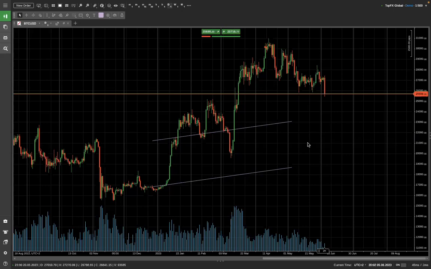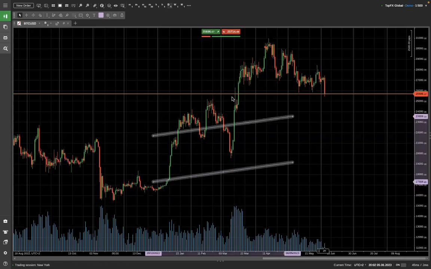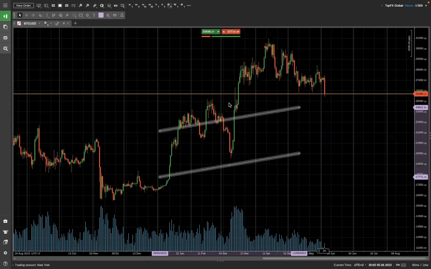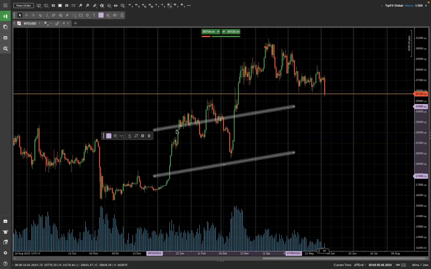The term equidistant means of equal distance, and this refers to the parallel trend lines that are an equal distance apart from each other. And you can see it here on this tool, that when I move it, it moves exactly the same way all the time.